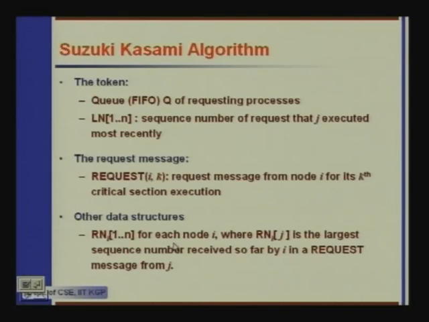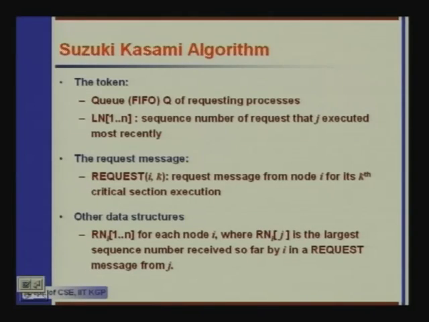Each node maintains a data structure RN_i[1..n], where RN_i[j] is the largest sequence number received so far by i in a request message from j. Okay. So, each node, whenever it gets a request, keeps track of whatever request it has got, alright.